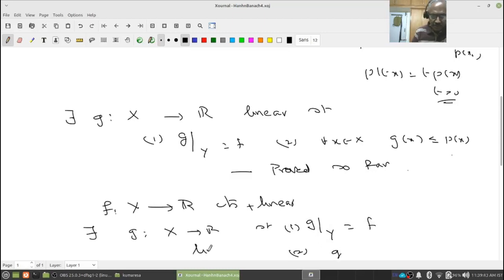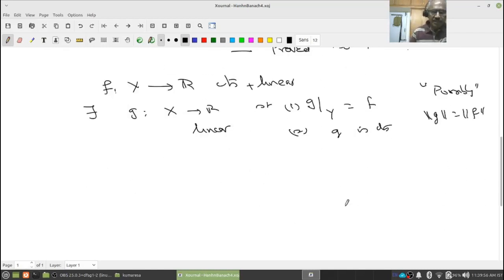This is linear, of course. In fact, we want the norm of G to be the norm of F possibly, but what we want is a continuous extension. So this is our final goal. So how do we get it?